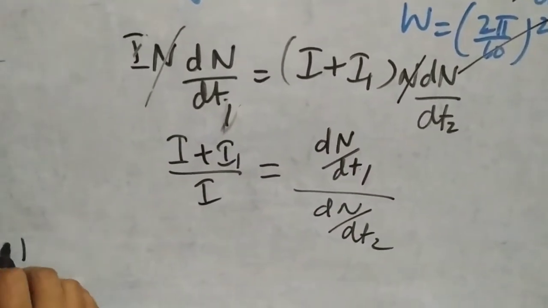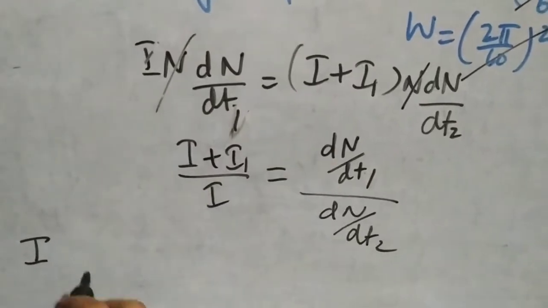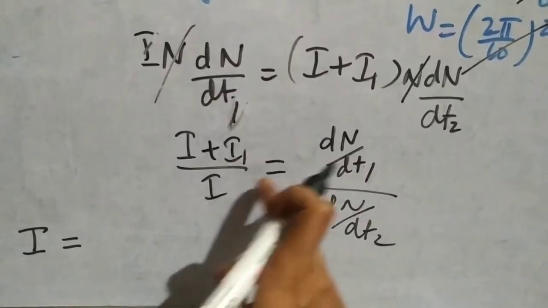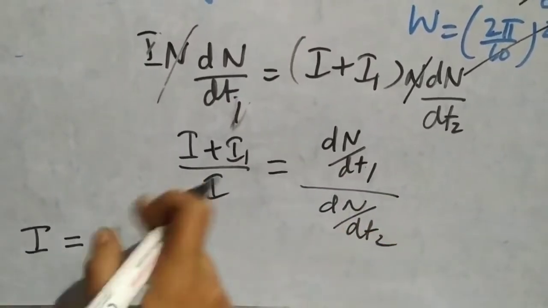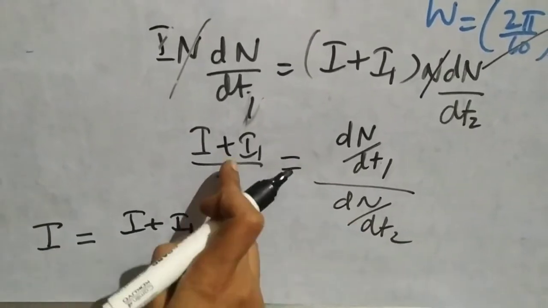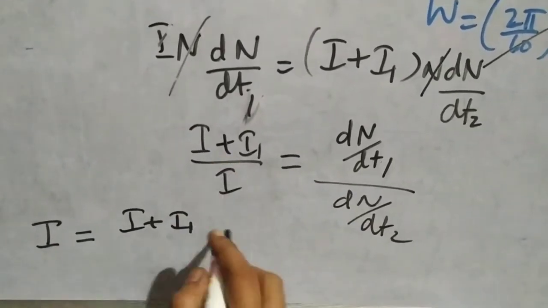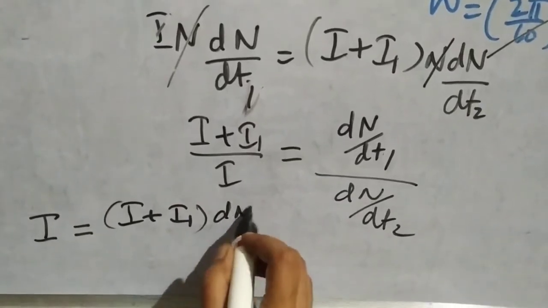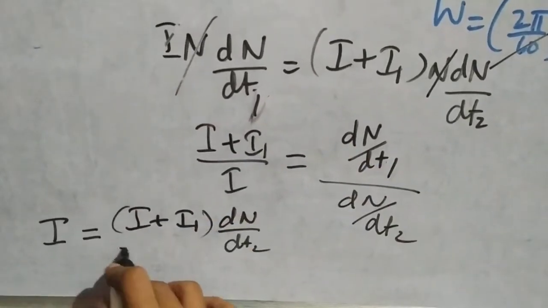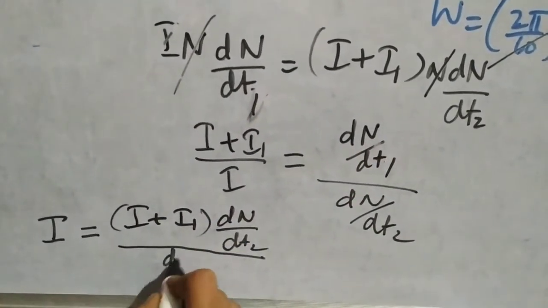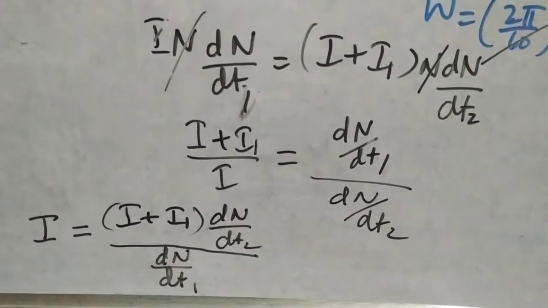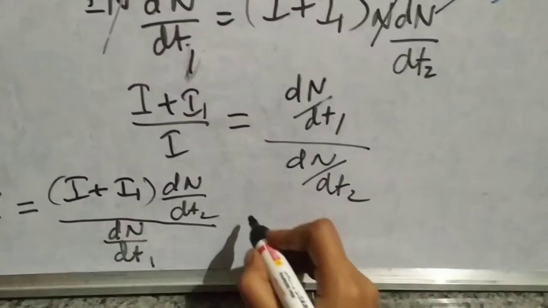So therefore when you simplify this further, I is equal to I plus I1 multiplied with dn divided by dt2. This is getting multiplied here, whole divided by dn divided by dt1. Okay, so further when you do this simplification, what you will get?